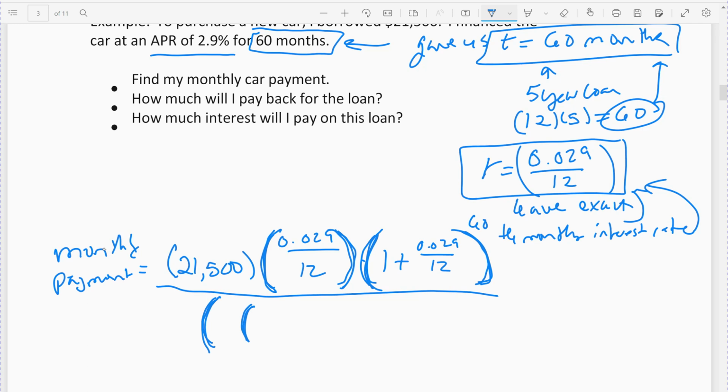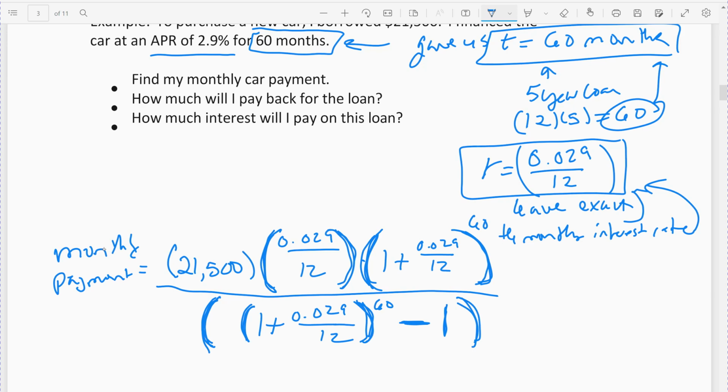So inside I need 2 sets of parentheses, because you need the first set, the 1 plus r divided by 12 raised to the 60. Again, you have to have that parentheses, so it takes the addition to the 60. And then remember, minus 1 comes after that, and you always have to have the set of parentheses around the minus 1 statement.